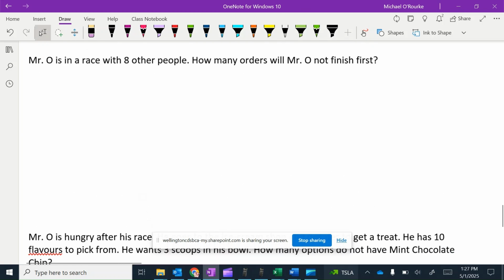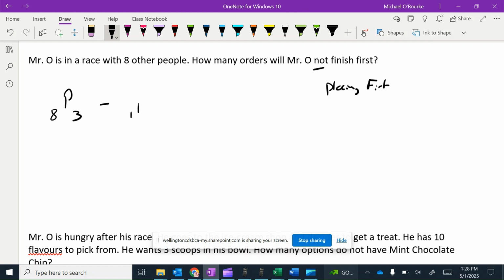Mr. O and 8 other people are having a race. How many orders will Mr. O not finish first? So what's the not there? What's the opposite of finishing first? The opposite of not finishing first is placing first. So it's a race with placements, so it's going to be a P. So it's going to be 9P3 minus, now I need me first.